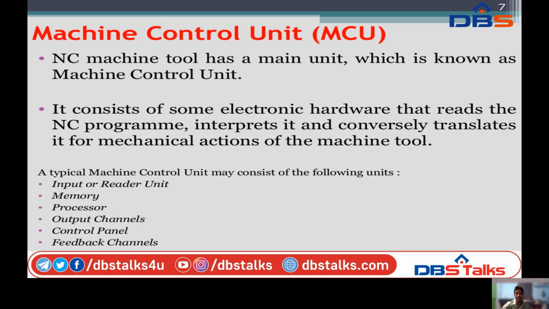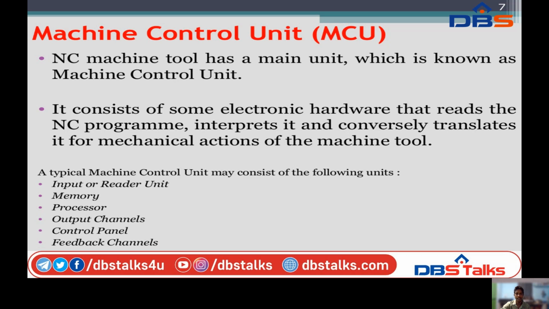First of all, I am starting with the input or reader unit. Input is where I, the manufacturing operator, give the numerical data. That means NC codes will be given to the numerical controller, and after that it will be directed to the machine control unit.